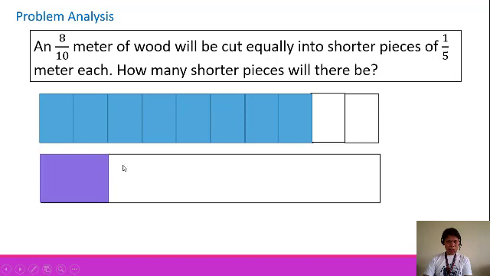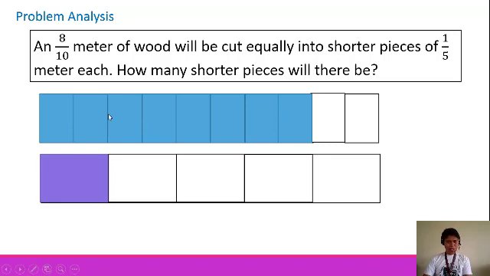So we divide it into 5 parts. We have 1, 2, 3, 4, and 5, and this is shaded because it is given that it is 1/5. Now the question is, how many 1/5 meter, which is as big as this, can we cut from this 8/10 meter of wood?